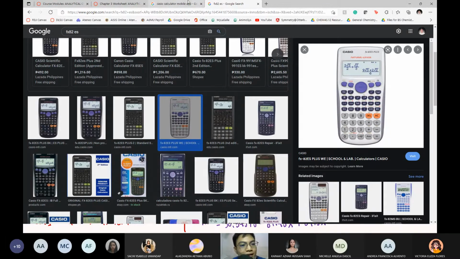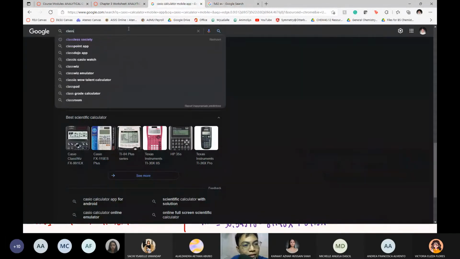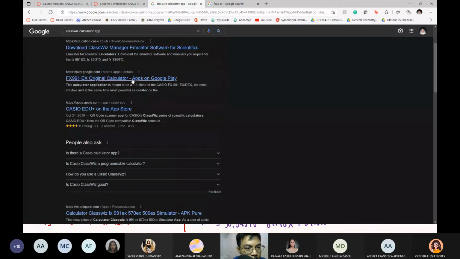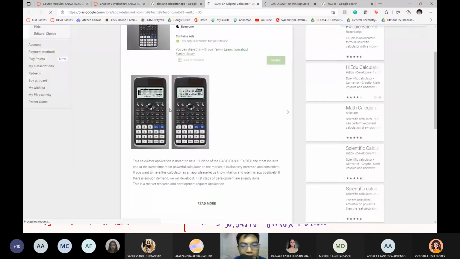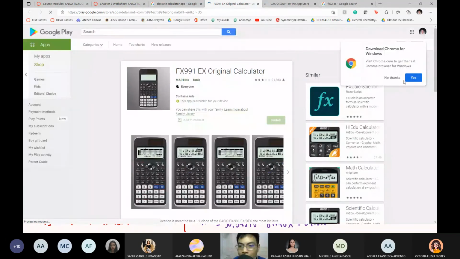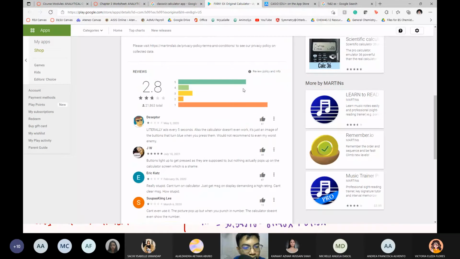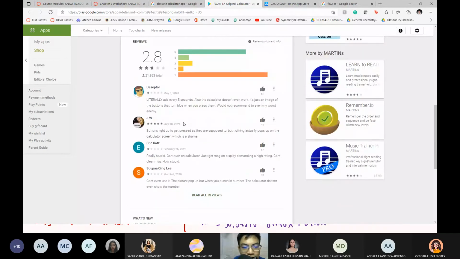Sige, try ko. Ito, merong sa Google Play. Ito sa Apple App Store. Ayan, try nyo to. For Android people, type nyo FX991EX Original Calculator. 3-star nga lang, kasi maraming advertisement.